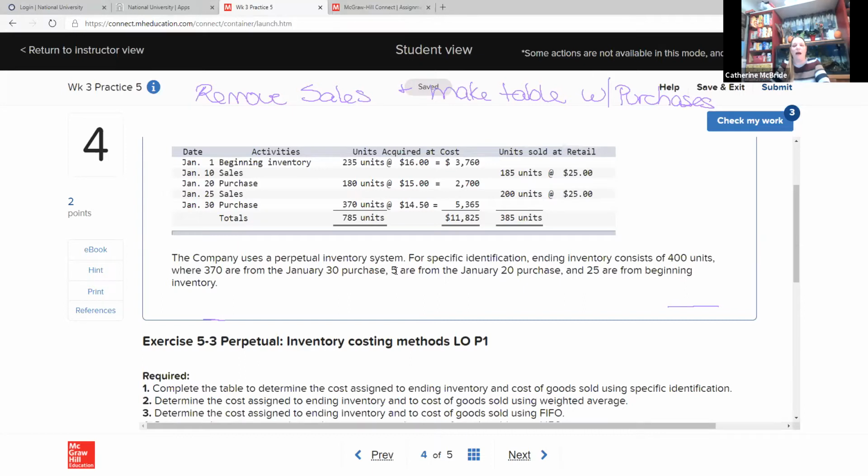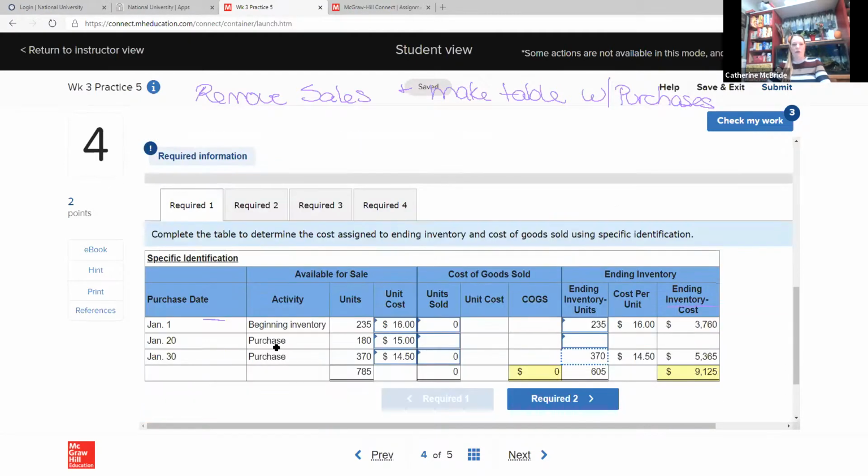And then 5 are from the January 20th purchase. So I'm going to go down to the January 20th purchase and say, okay, I have 5 units left. If I started with 180 and I have 5 left, I sold 175 units.